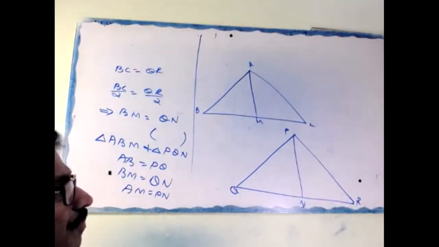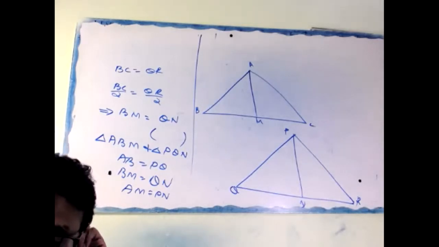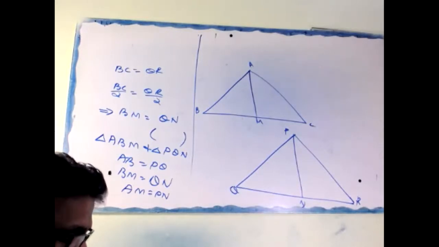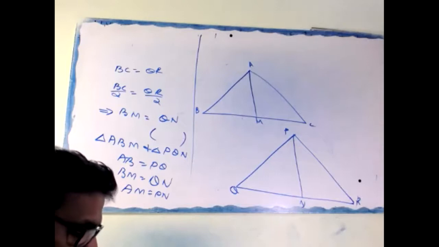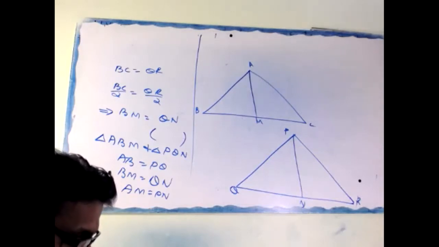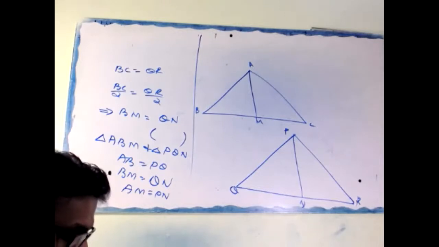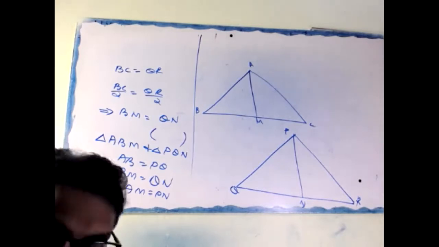If not getting it right, start like this. BC equal to QR given. BC by 2 equal to QR by 2, so BM equal to QN. In bracket, right, AM and PN are medians.